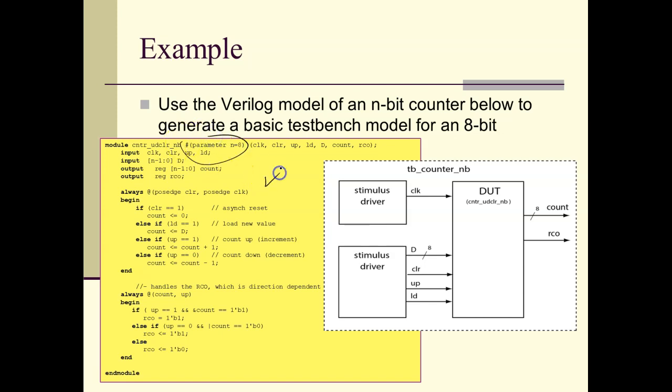This is a model we've used before. It's an up-down counter, it's loadable, and it has an asynchronous clear, all good stuff. It also has an RCO on the output, and you can see that the RCO depends upon the count direction also. This is stuff we covered in a previous chapter.